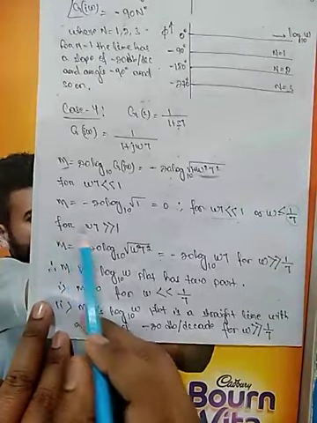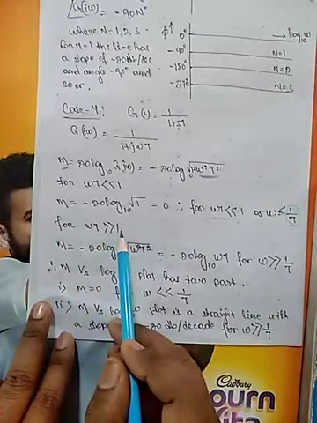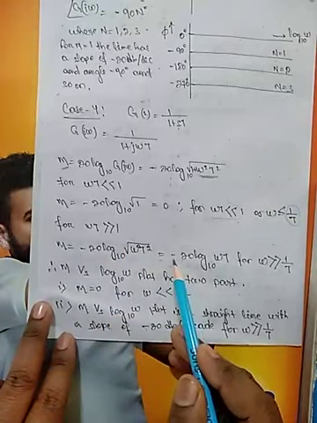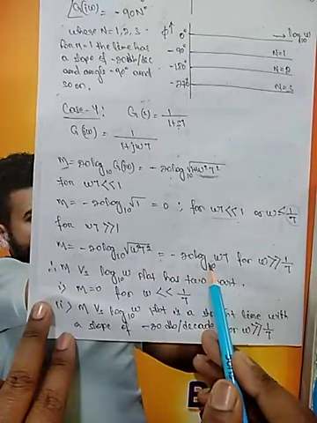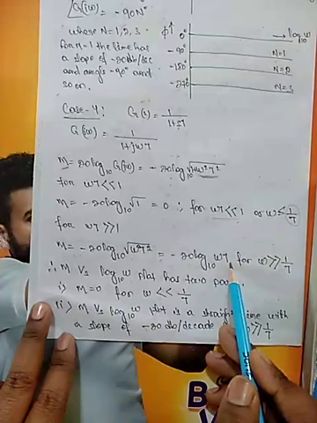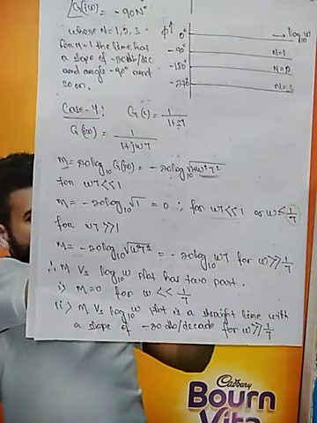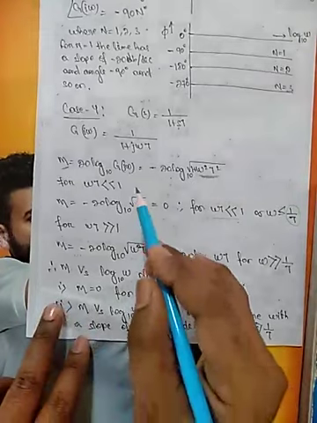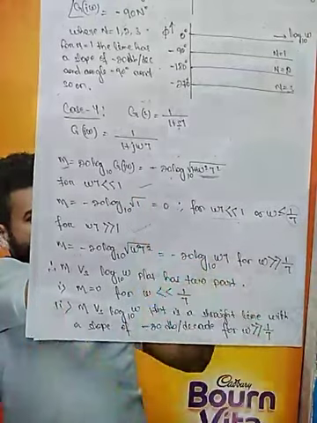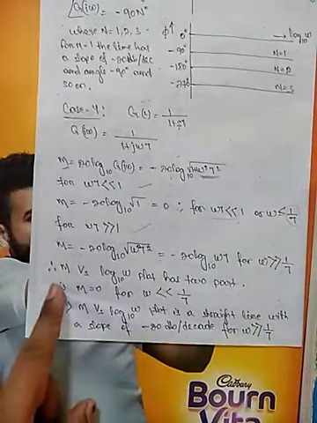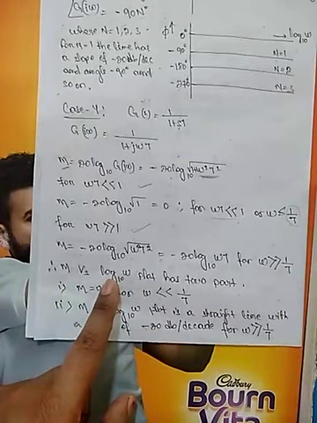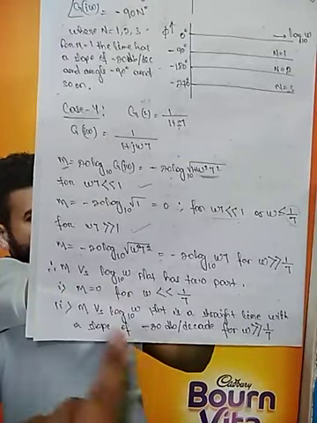Similarly, we see for omega T very greater than 1, the magnitude is minus 20 log 10 omega T. Therefore, from these two cases, you see that magnitude versus frequency has two parts.